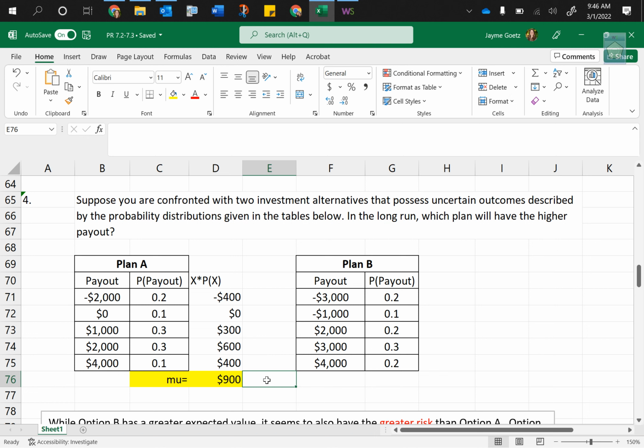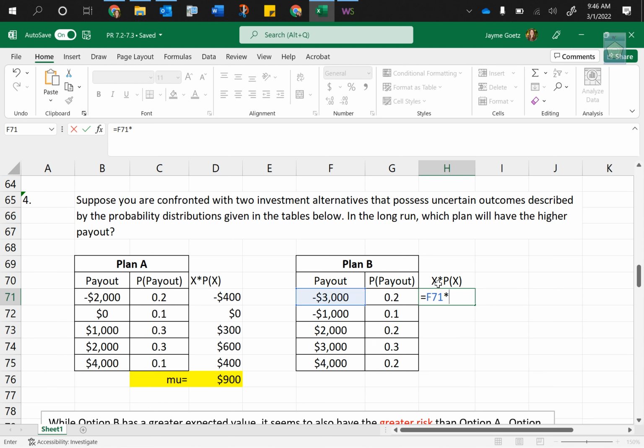So the expected value in the long run, this plan pays out on average $900. Okay? Let's do the same thing for plan B. I'm going to take x times p of x, and I want this guy times this guy. Drag it down.